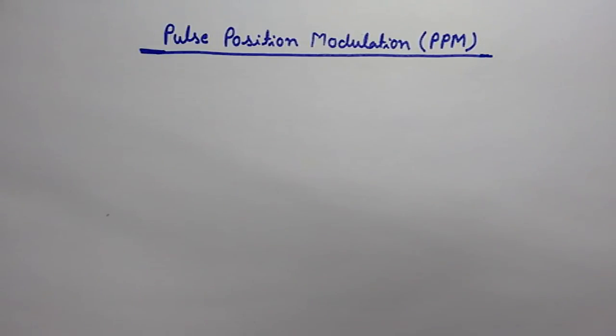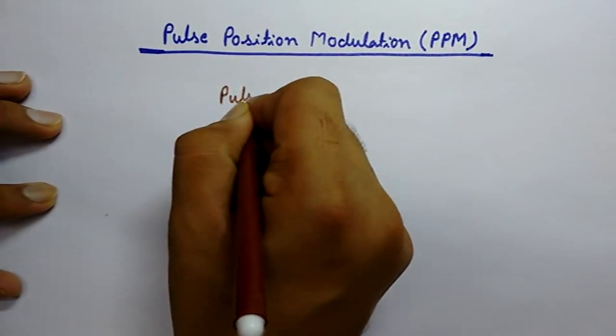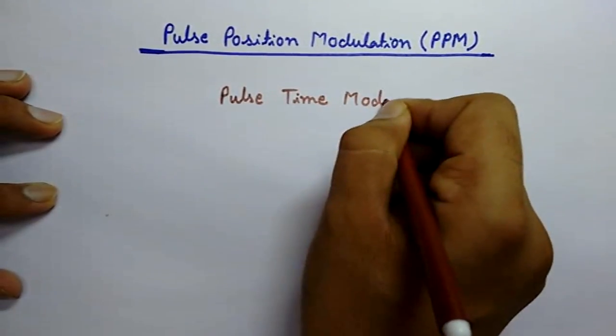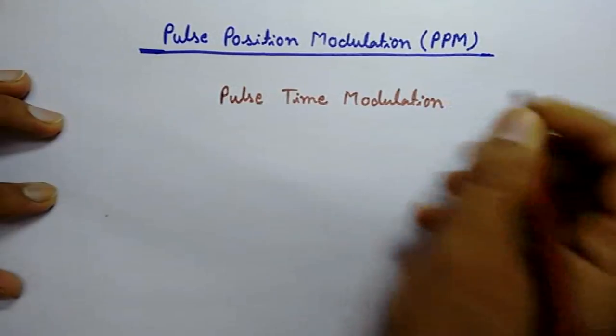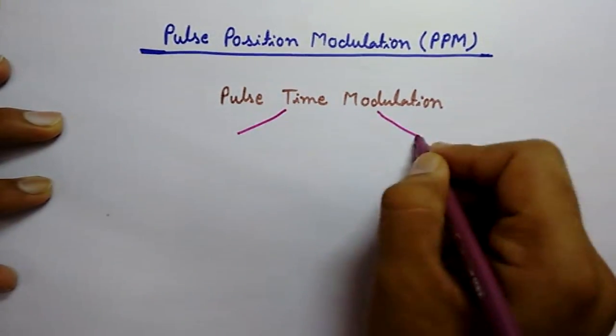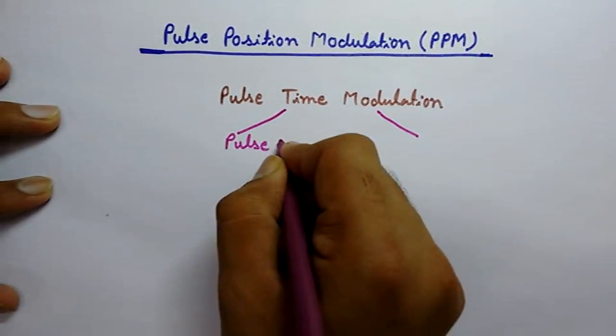So let's write this categorization. The pulse time modulation. As I said, this pulse time modulation is of two types, pulse width modulation.